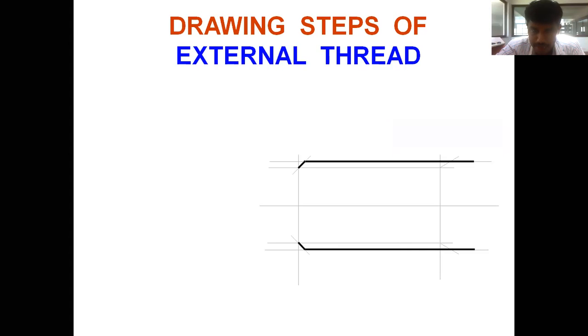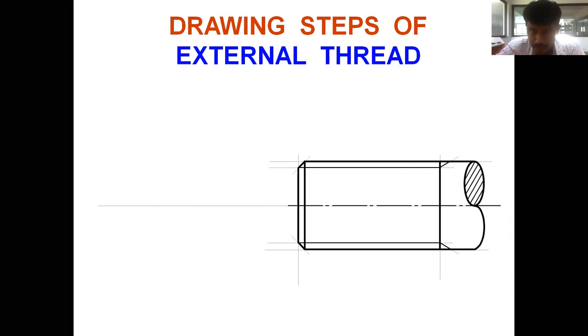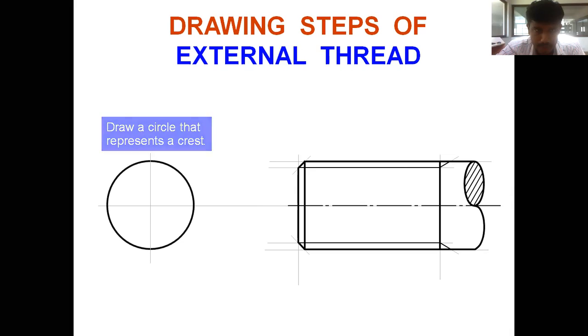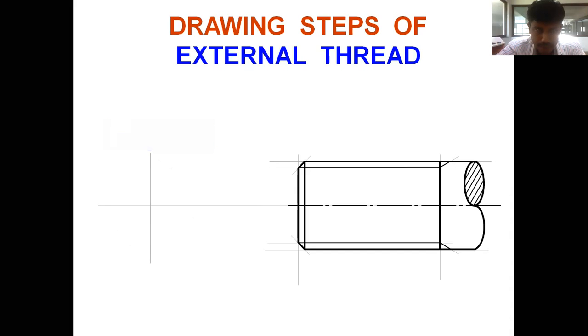So join these lines, these are the highlighted ones. Center axis. Draw a circle. You can see here, draw a circle.